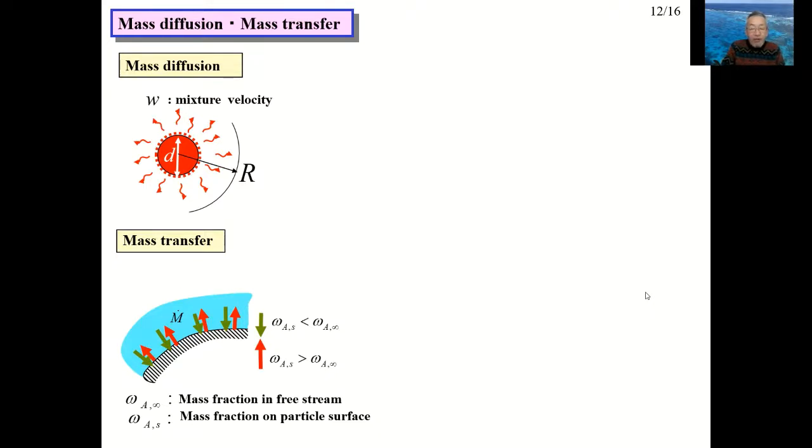If there is no flow convection, the quantity of substance conveyed in the fluid is the same as the quantity of mass diffusion. If the fluid has a convection motion, the quantity of transported substance is larger than the quantity of mass diffusion.